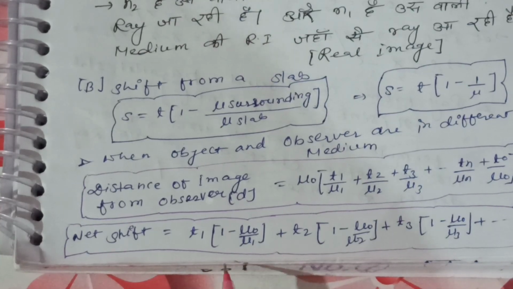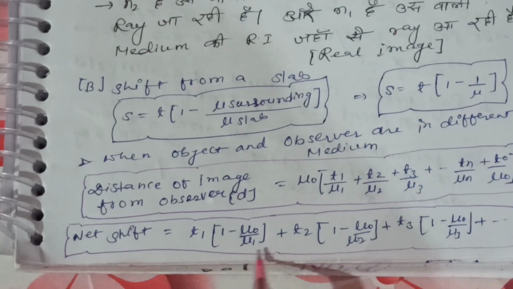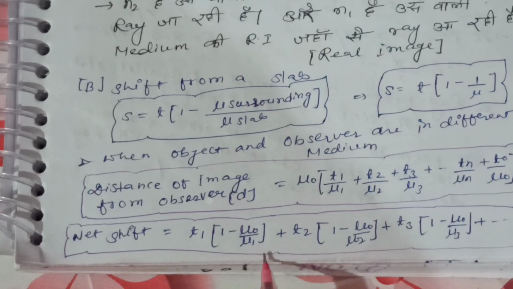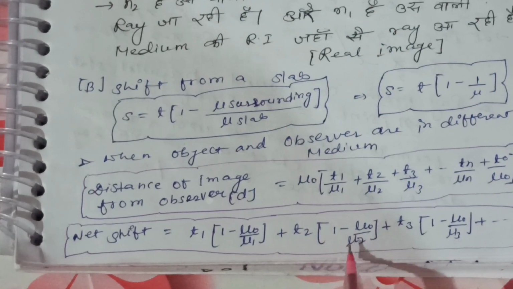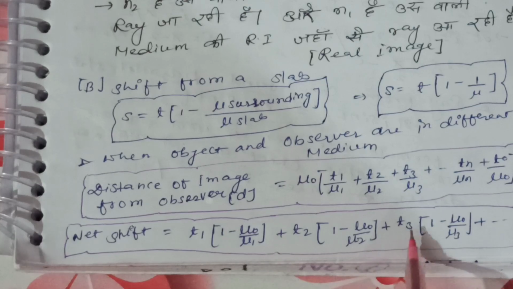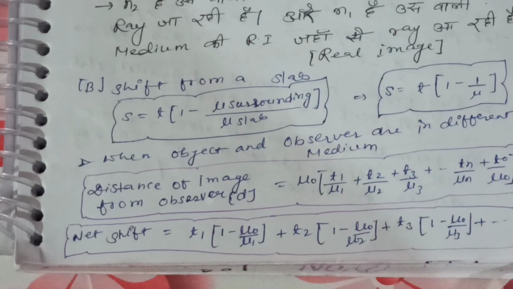Net shift is equal to t1 in bracket 1 minus mu naught upon mu1 plus t2 in bracket 1 minus mu naught upon mu2 plus t3 in bracket 1 minus mu naught upon mu3 and so on.